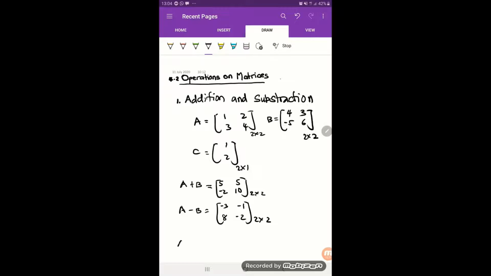How about A plus C? The order of matrix A is 2 times 2, but the order of matrix C is 2 times 1.